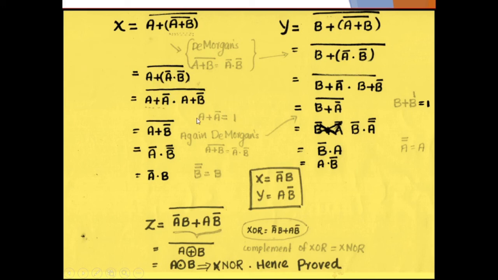A plus a bar is 1, so 1 dot a plus b bar, that is a plus b bar whole bar. Again applying De Morgan's law, that is a bar dot b bar bar. Here b bar bar is b. So the output x is equal to a bar dot b.